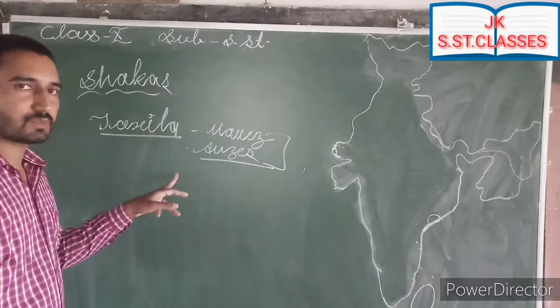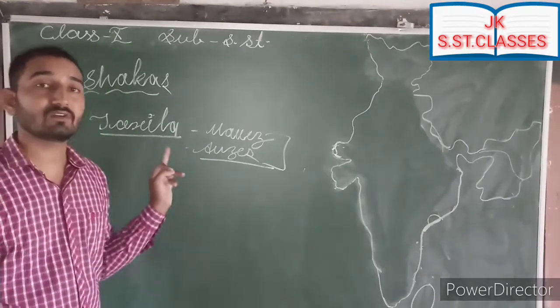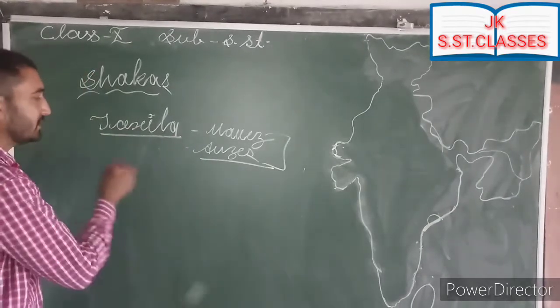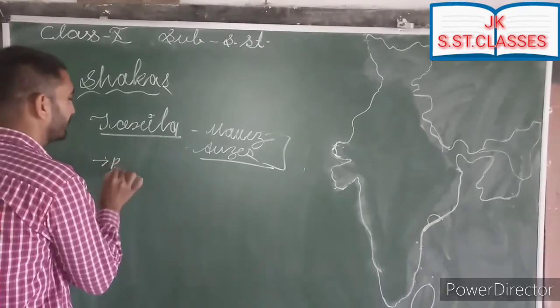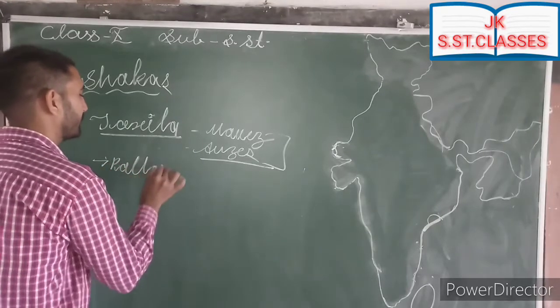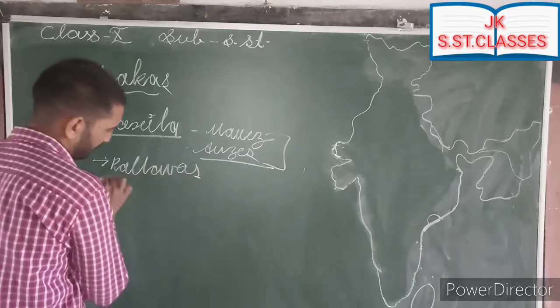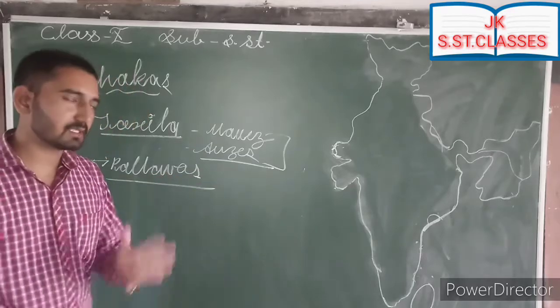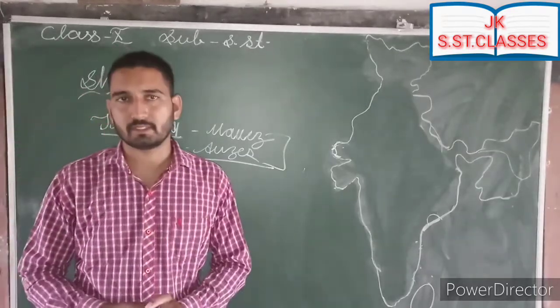Okay, 2 major rulers were there in this dynasty, and this dynasty was eliminated by Pallavas.